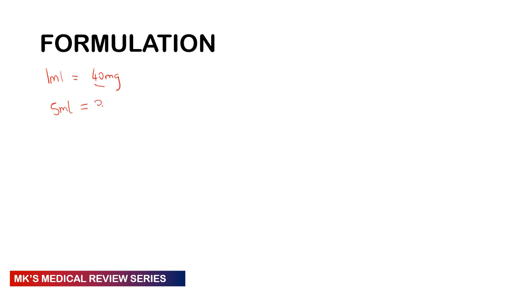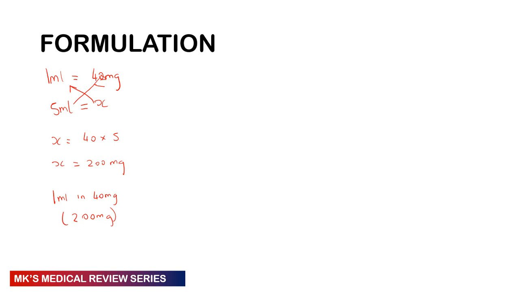We say that's X. So X is going to be equal to 40 multiplied by 5, so our X here will be equal to 200 milligrams. So keep this in mind. The formulation of dopamine that we have, 40 milligrams per ml, generally gives a dosage of 200 milligrams of dopamine per vial. This is what we have on our ward.